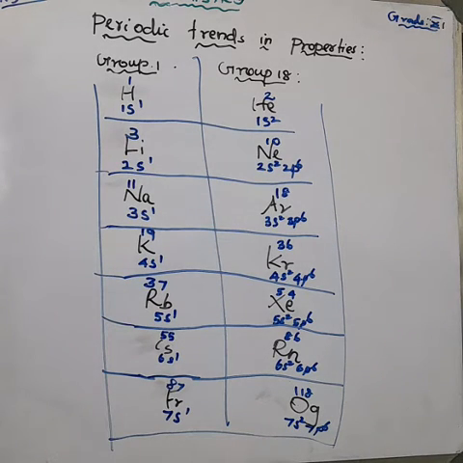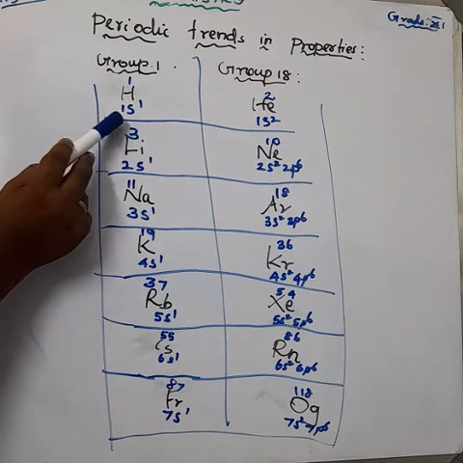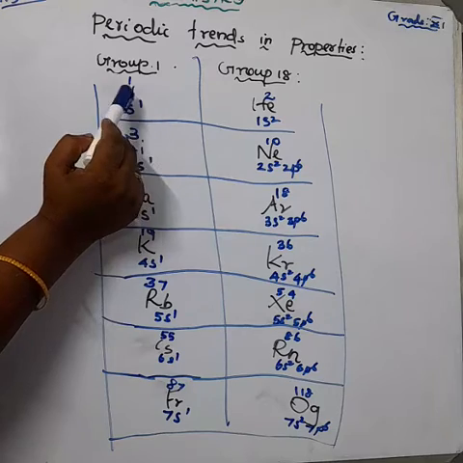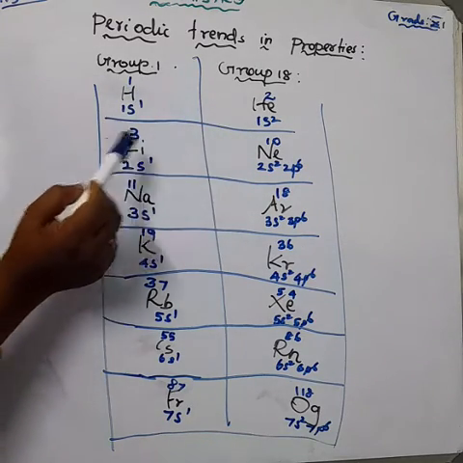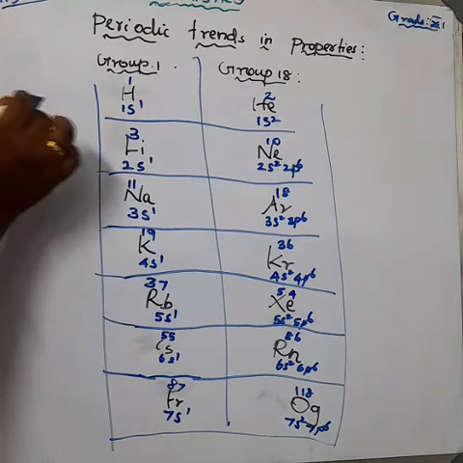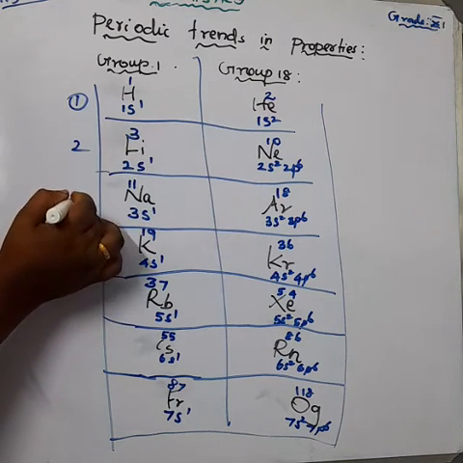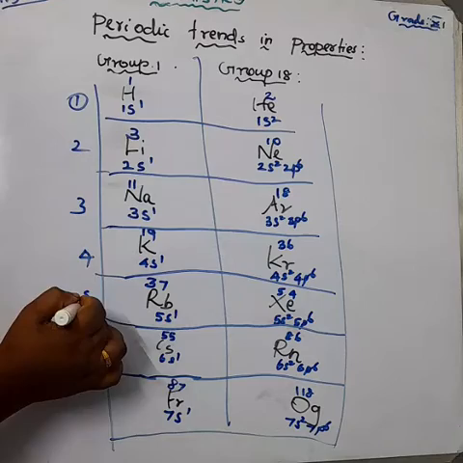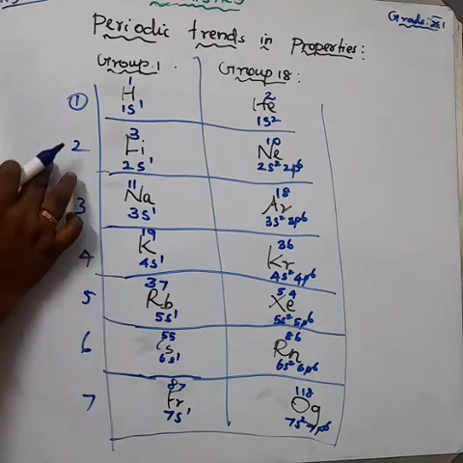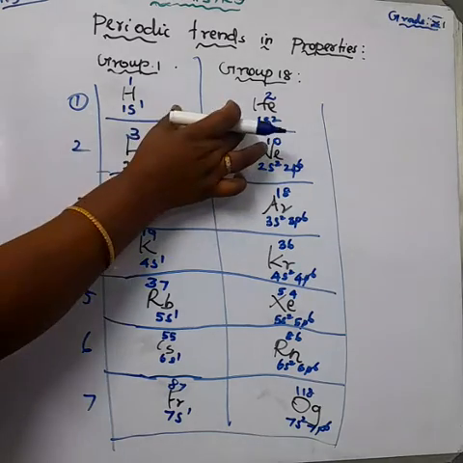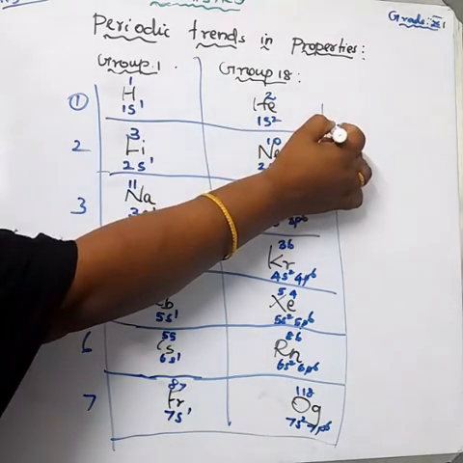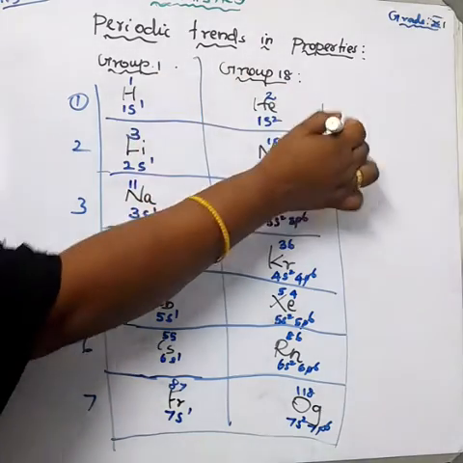For example, hydrogen to helium is the first period, lithium to neon is the second period, and sodium to argon is the third period. The difference in atomic number between hydrogen and helium is 2: hydrogen 1, helium 2.